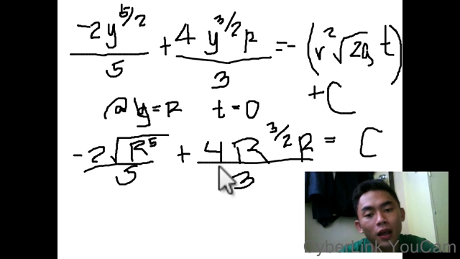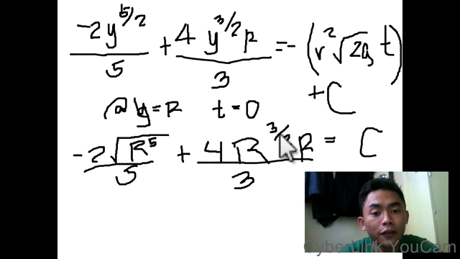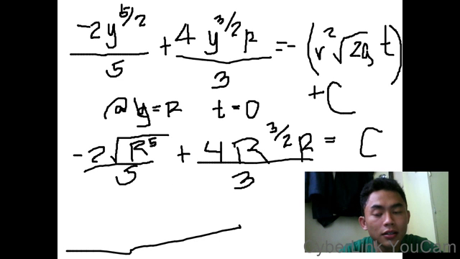So r to the 5/2 plus r to the 5/2, we must get their LCD.